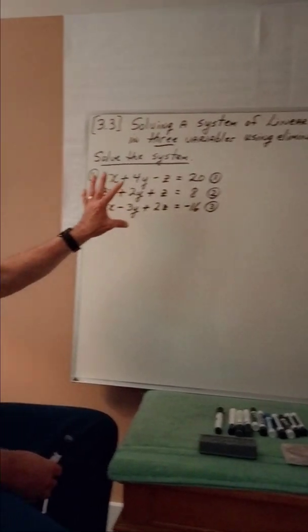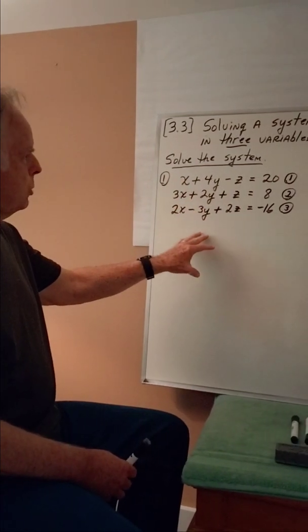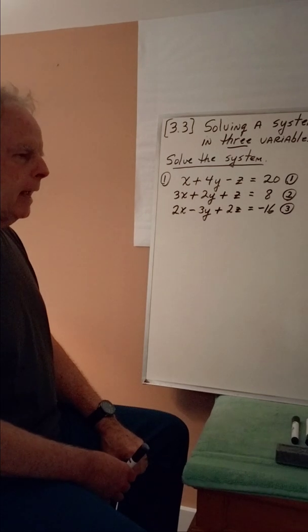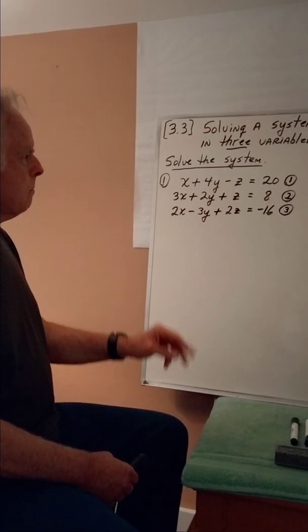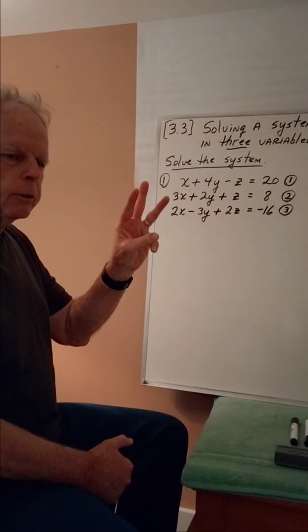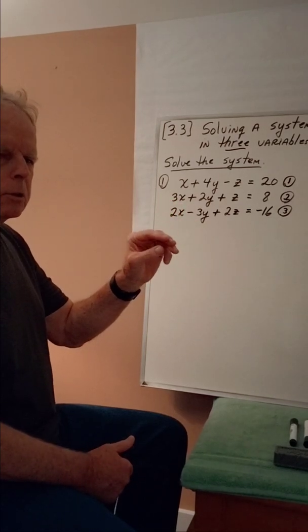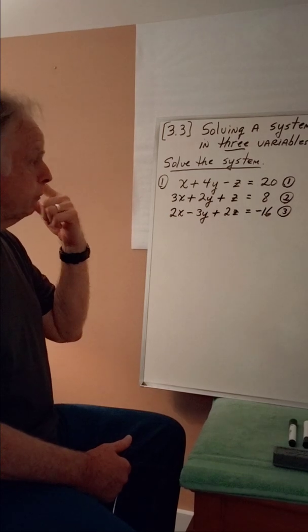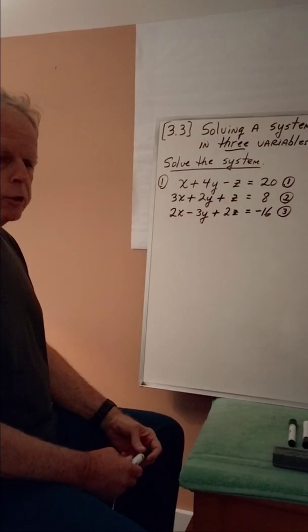Now, item number 1 that we want to mention is if a system has a solution, it's going to take three values to make the solution. A value for x, a value for y, and a value for z.